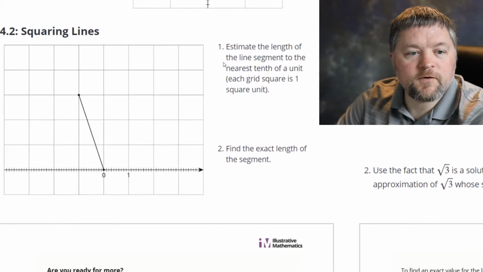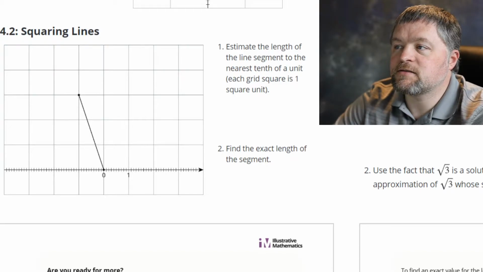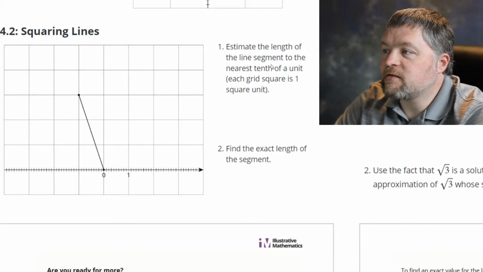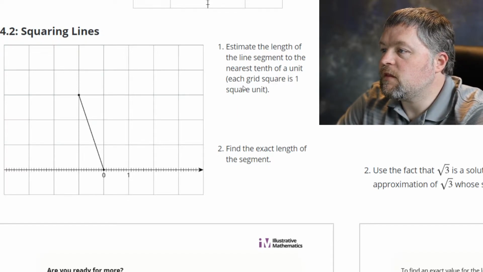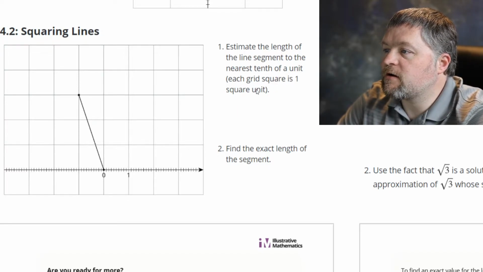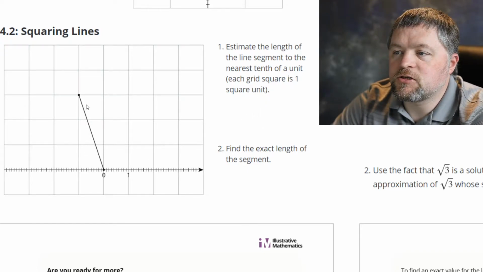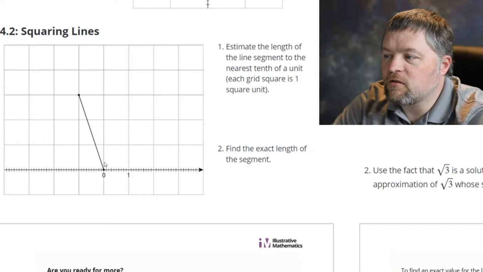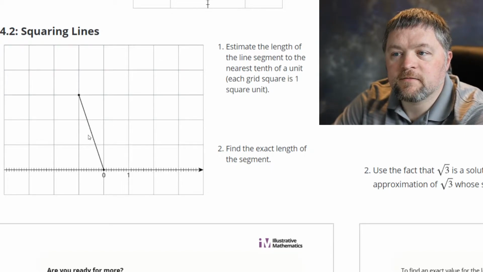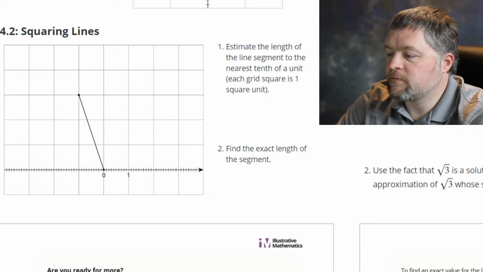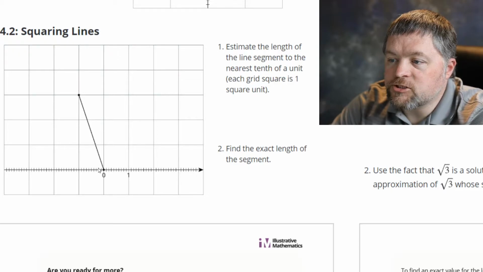So our first activity here is called squaring lines. Estimate the length of the line segment to the nearest tenth of a unit. Each grid square is 1 square unit. So if we want to know how long this is, approximately, we could measure it.